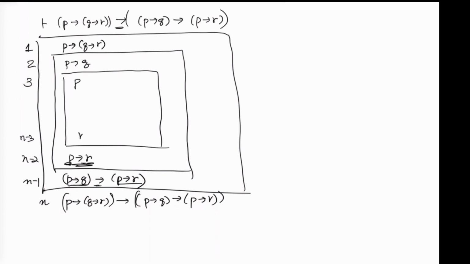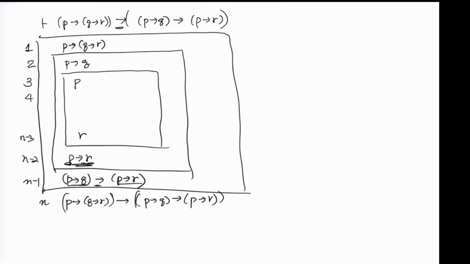Okay, that's all we have. Now we have no connective in line N minus 3, but we have enough assumptions to manipulate. So if we know lines 1, 2, 3, what can we do? If you look at lines 2 and 3, for instance, you can derive Q.